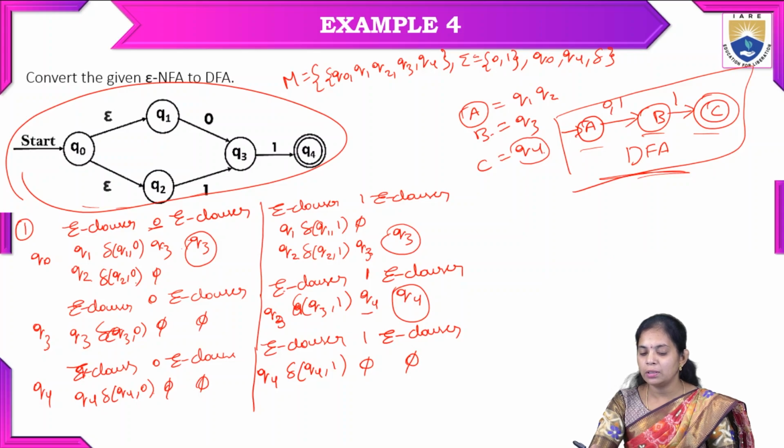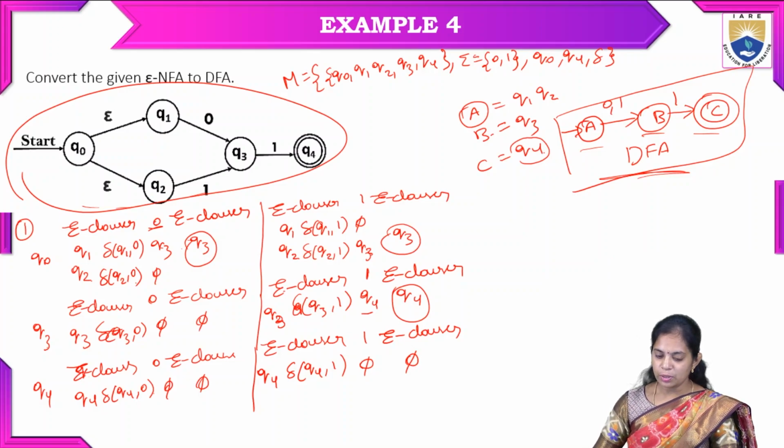This is about the problems based on the conversion of epsilon NFA to DFA. First we need to remove all the epsilon transitions from the given NFA, then find the new states, and for every new state find the transitions, so that we can construct the new DFA.